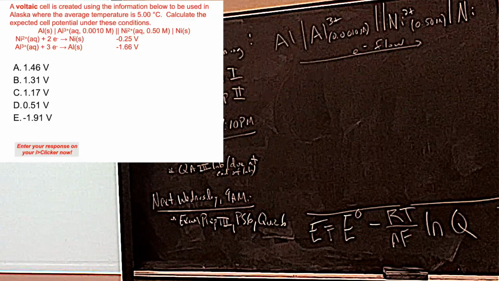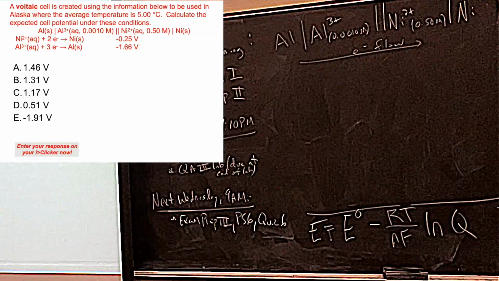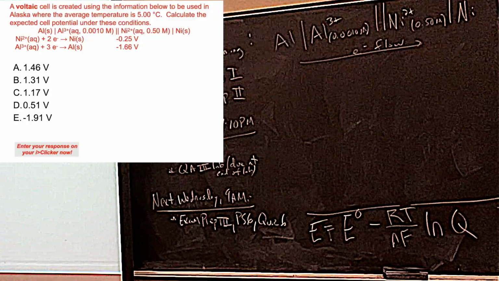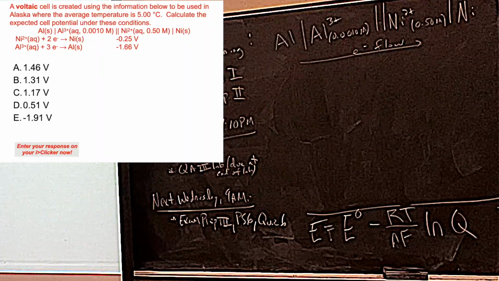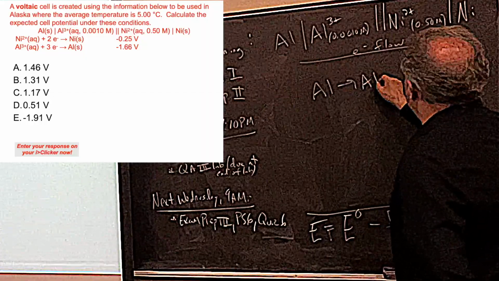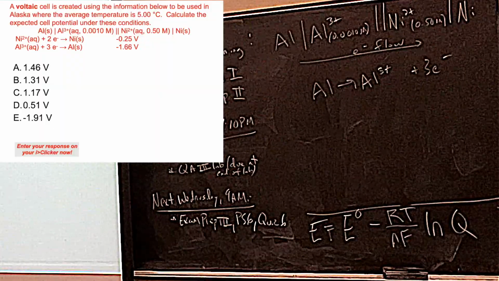But if you don't see it, there's another way to figure this out too, because this is the shorthand notation for these E cells, electrochemical cells, and electrons always flow from the left to the right. So what this is saying is that aluminum is going to aluminum 3+, and the electrons get kicked out after that.